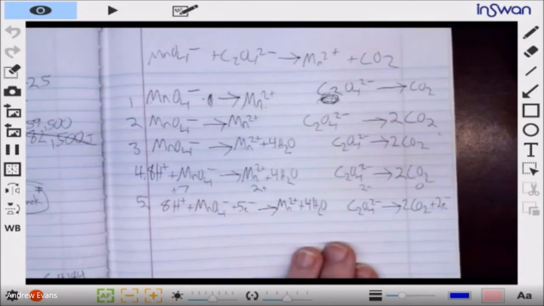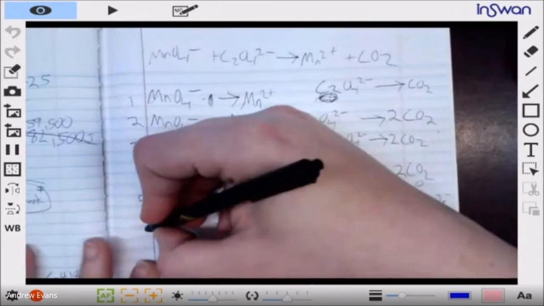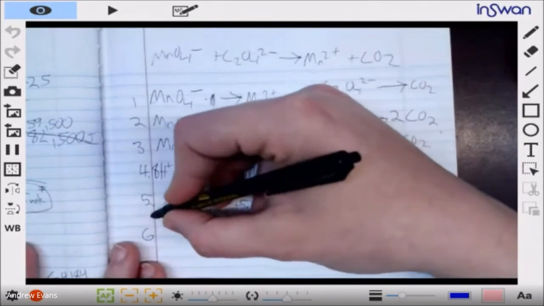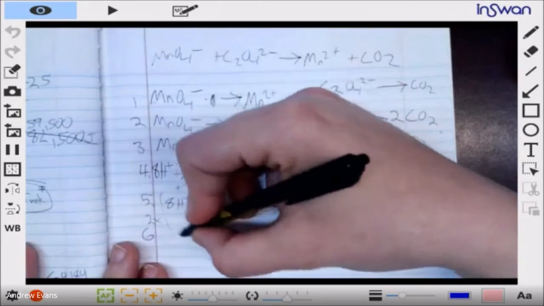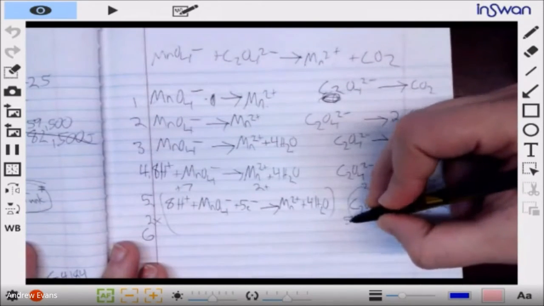Now, the least common multiple of 5 and 2 is 10. So we're going to have to multiply this guy by 2, and this guy by 5. It's not pretty.